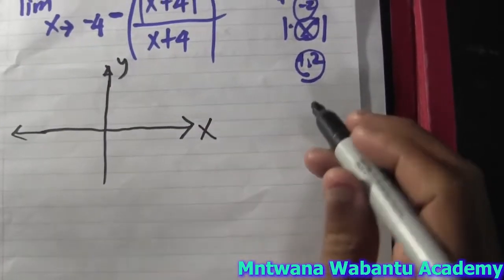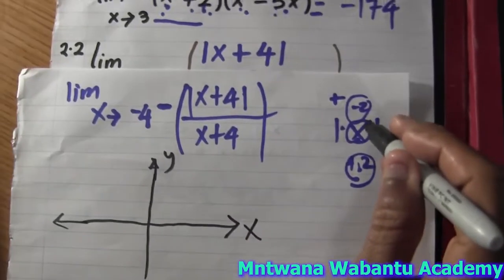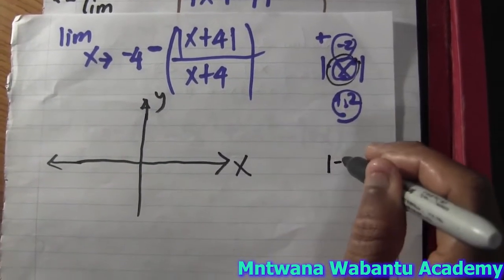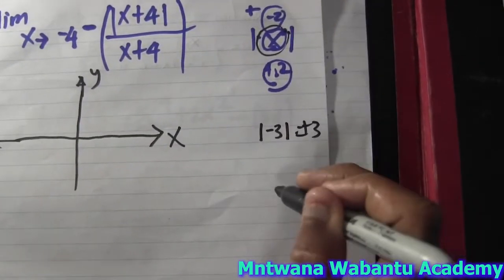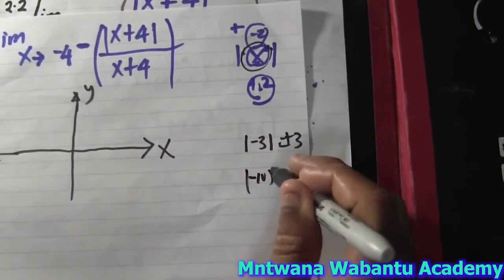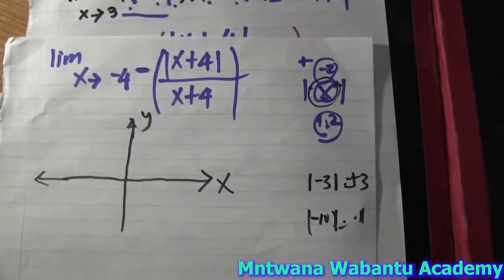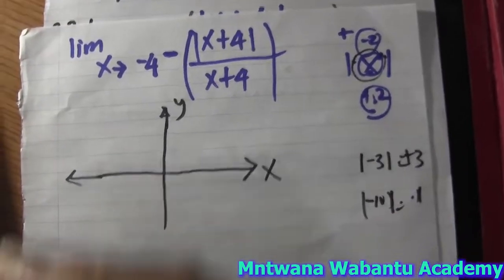If you have absolute value, it means nothing is on the negative side. Anything that comes in the absolute value is going to come out as a positive. Let's say negative 3: if you put absolute value, it's going to come out as positive 3. It's not going to be negative anymore when it comes out. Even if you say negative 10, it's going to be positive 10. But a positive comes out as a positive because it's already positive. For that case, whenever you draw the graph of an absolute value, you're always going to be on positive y.